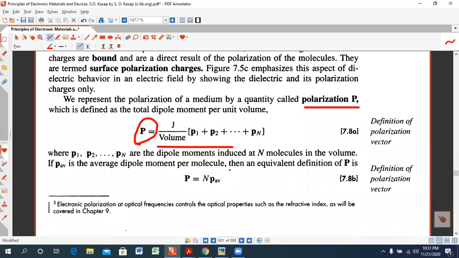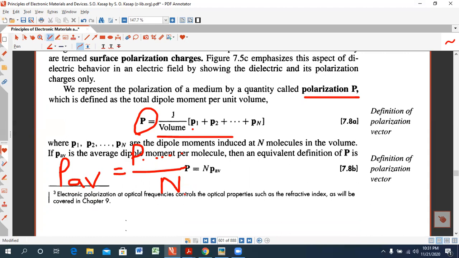We can also write P1 plus P2 plus up to Pn equals P average times n, that is, P average means the sum of all the P divided by n.